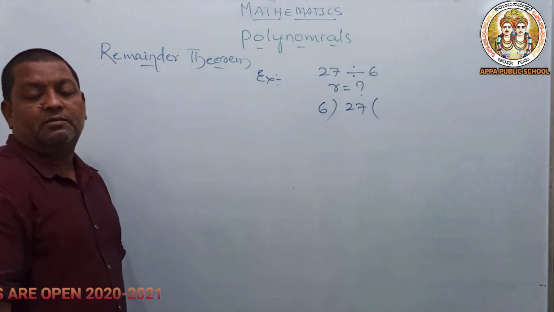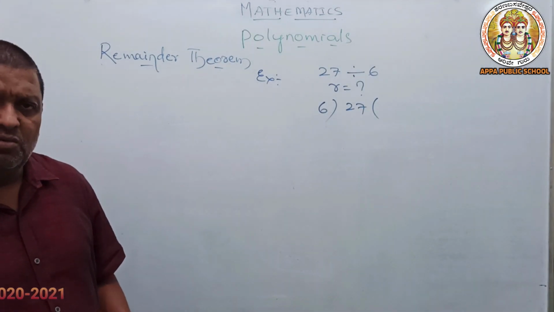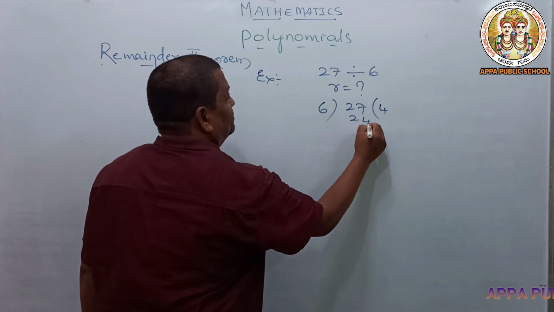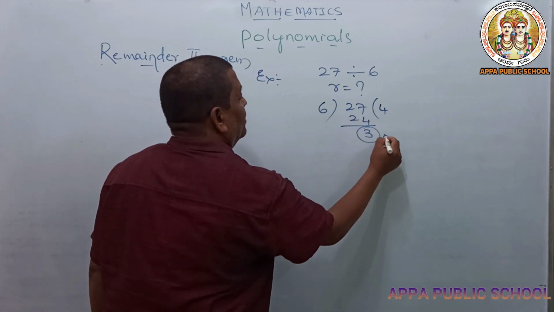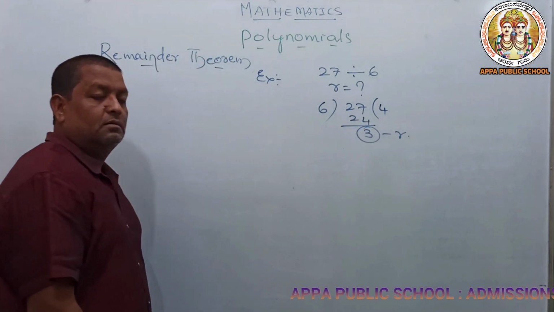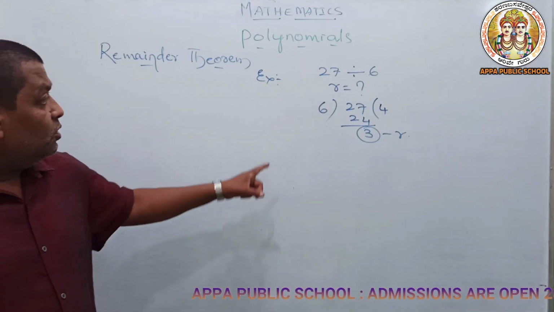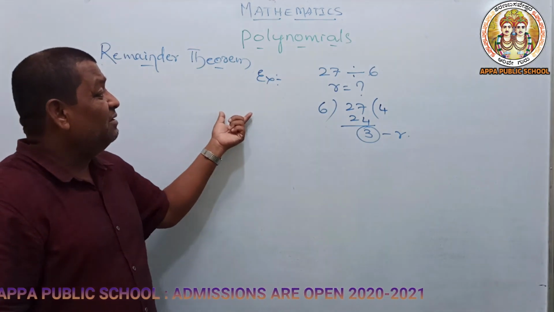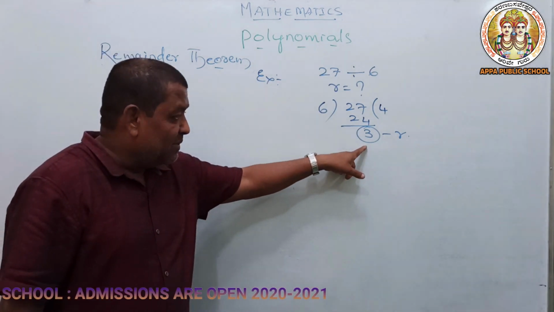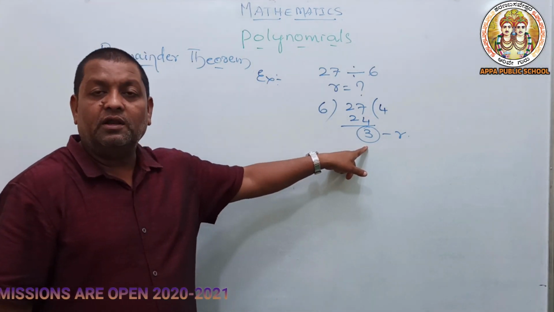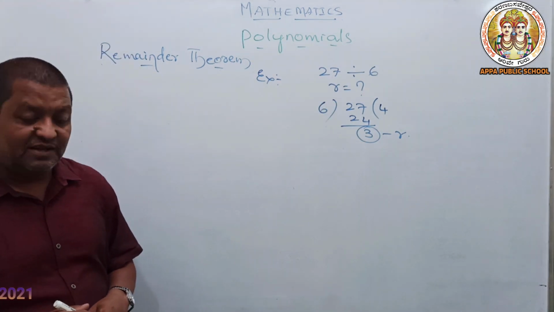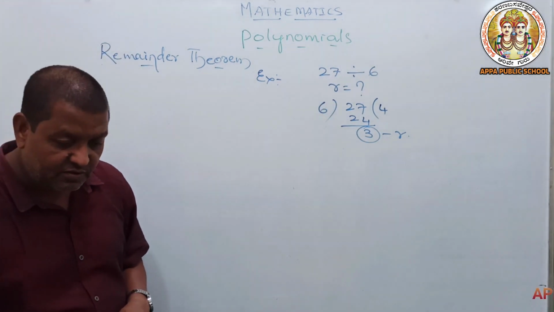What is the remainder? 6 4s are 24, so 3. This is our remainder. If we use this remainder theorem, we definitely get the same remainder without any long division method. That is the use of this remainder theorem.